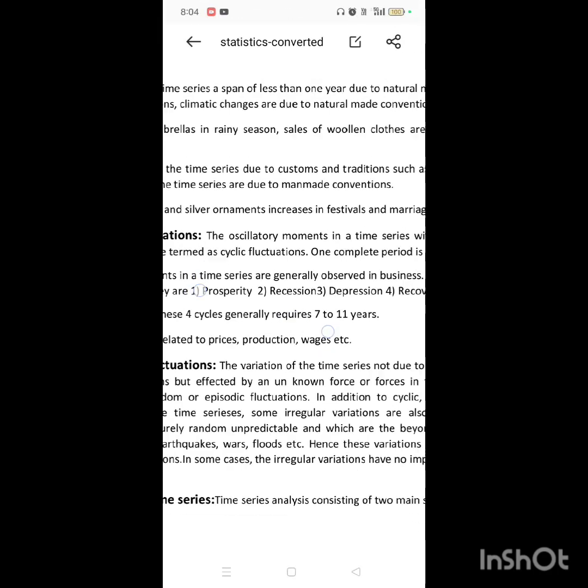The variations in the time series due to customs and traditions such as marriages, festivals, etc., may affect the time series data due to man-made conventions also.